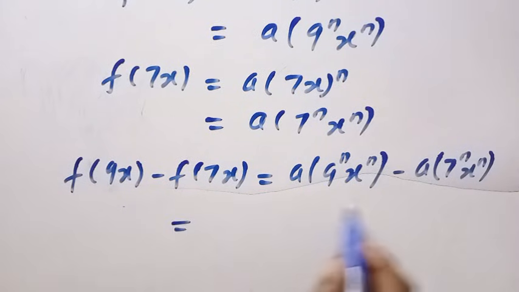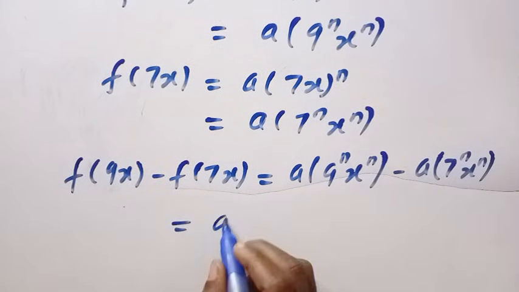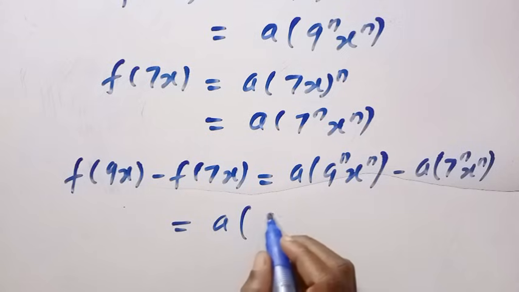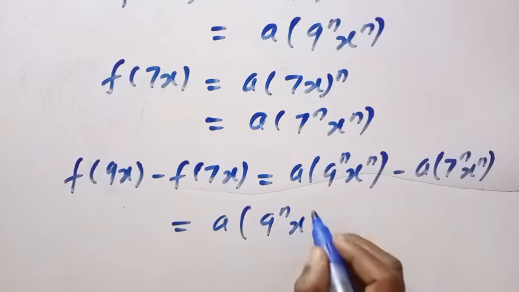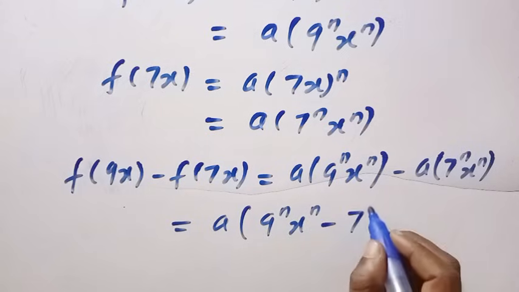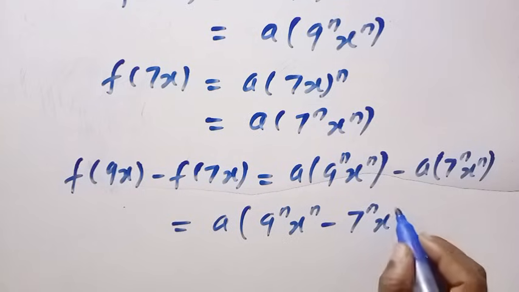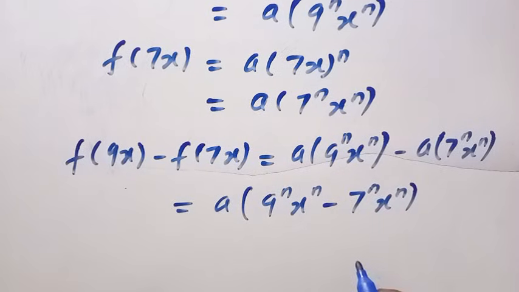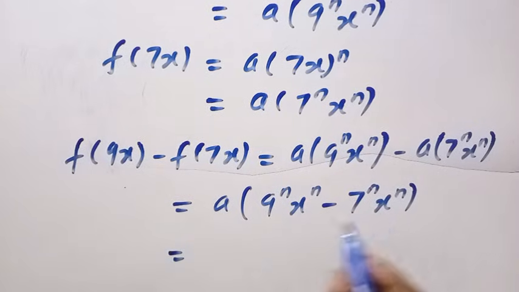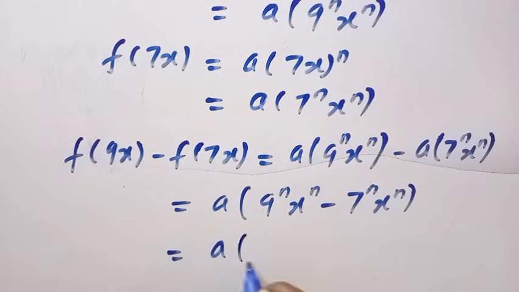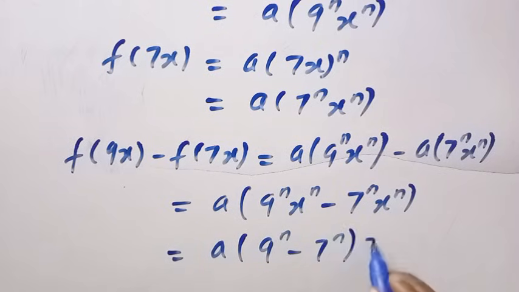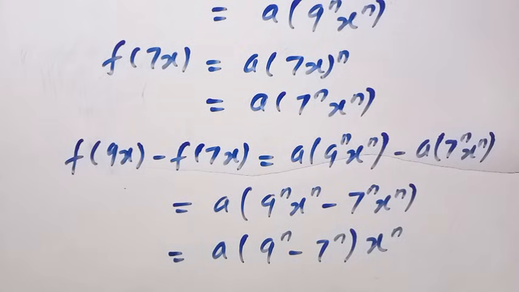Then factorizing this a out, in the bracket we have 9 power n x power n minus 7 power n x power of n. Again, x power n is common, so we have a times bracket 9 power n minus 7 power n, multiplied by x raised to power of n.